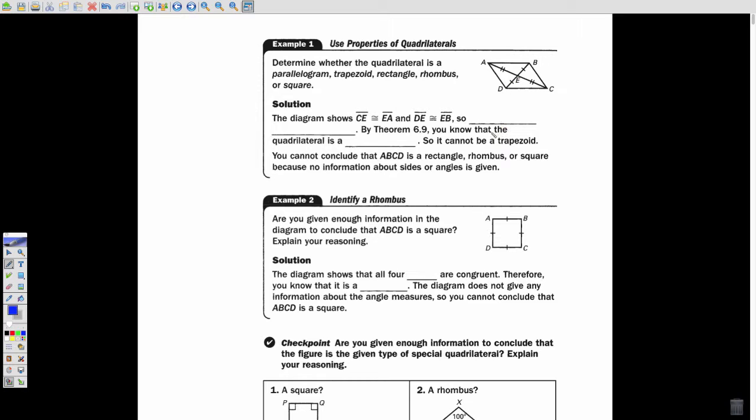What this is saying is that the diagonals bisect each other. Then, by Theorem 6.9, you know that the quadrilateral is a parallelogram.